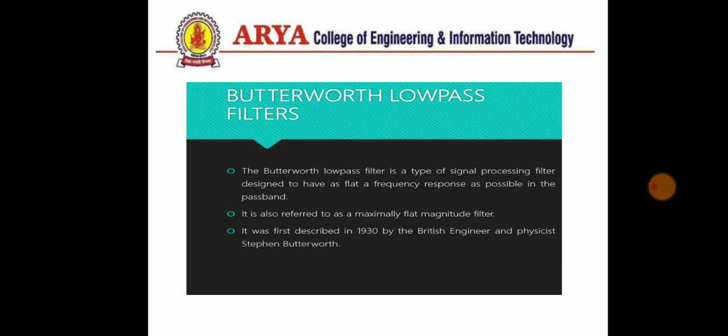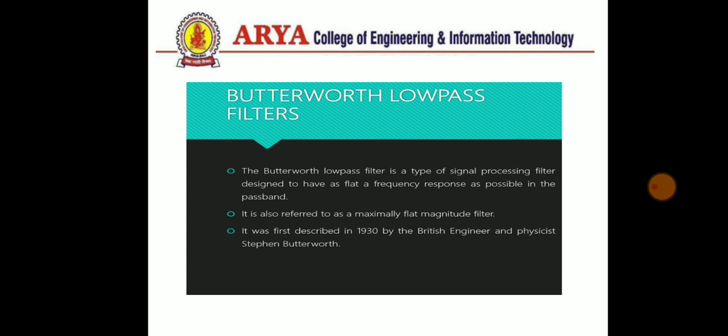The previous filter, the ideal low pass filter, is based on a circle mask with some radius, but the Butterworth filter is based on the flat magnitude filter. It is based on the magnitude level of the image. It focuses on the magnitude and intensity values of the image, and on the basis of these values, it filters out the data.